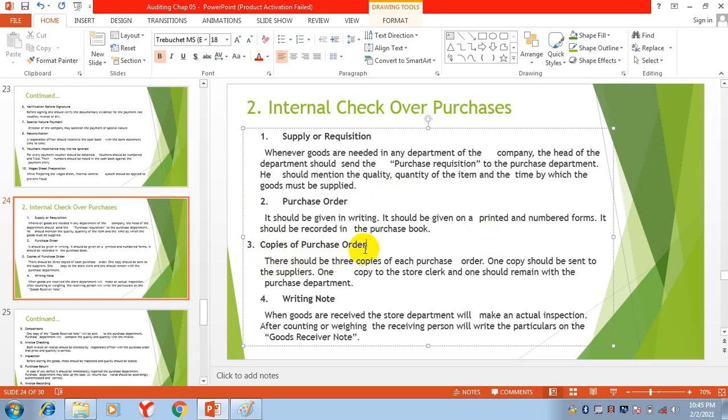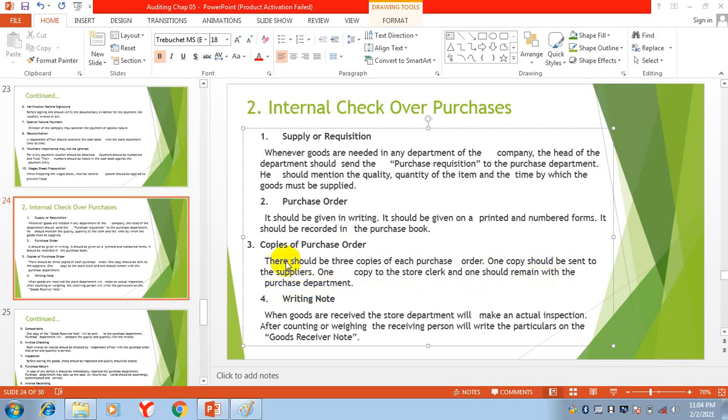Copies of purchase order: there should be 3 copies of each purchase order. 1 copy should be sent to the supplier, 1 copy to the store clerk, and 1 should remain with the purchase department.